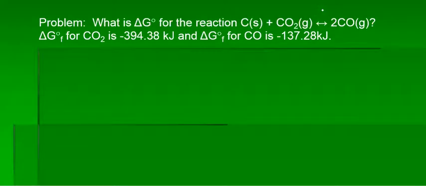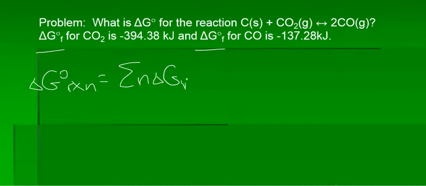Let's look at another one here. Calculate delta G for this reaction, and we're given the delta G's of formation for CO2 and for carbon monoxide. Delta G of the reaction is equal to the sum of the delta G's of the products minus the sum of delta G's of the reactants.